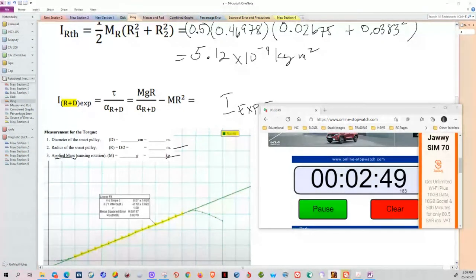Okay, that's a big difference. Anyone else? Anyone else have the same or different answer? Come on.